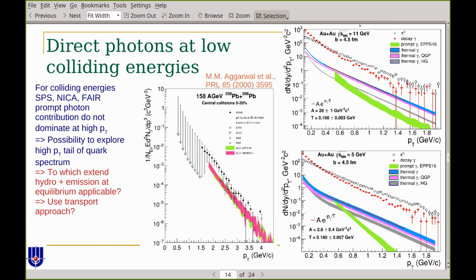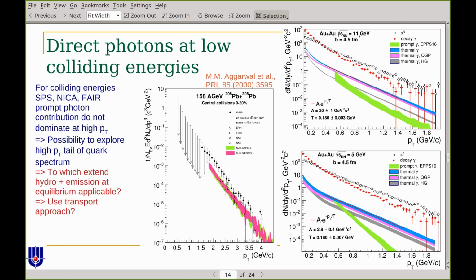Of course, such a straightforward application of integration of the emission rate with hydrodynamics is not correct, because it assumes that this matter is in equilibrium and remains in equilibrium for infinite time, so that all tails of this Boltzmann distribution managed to build, and in reality it will not happen.